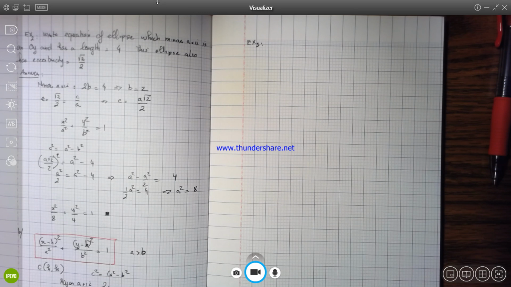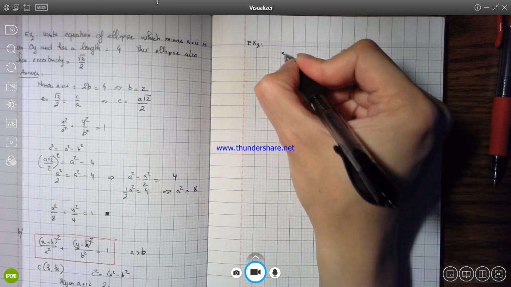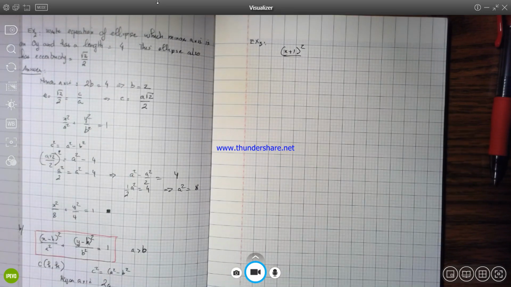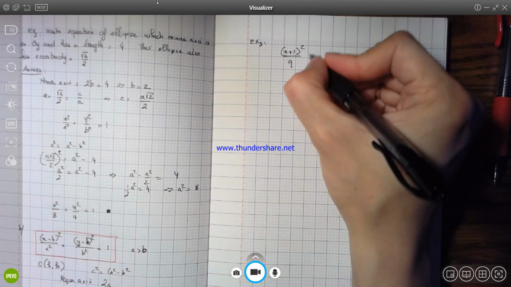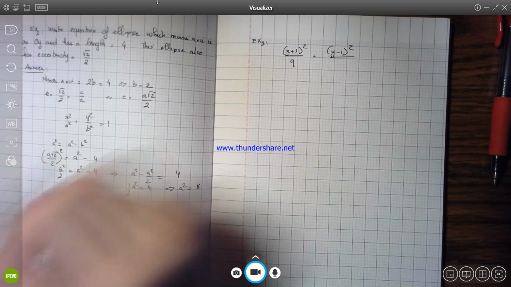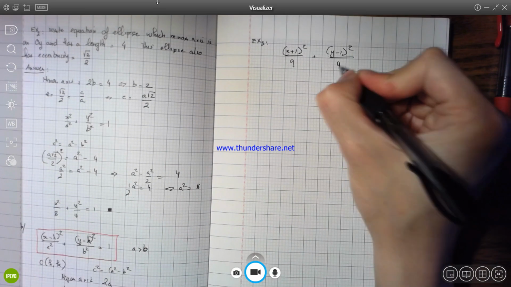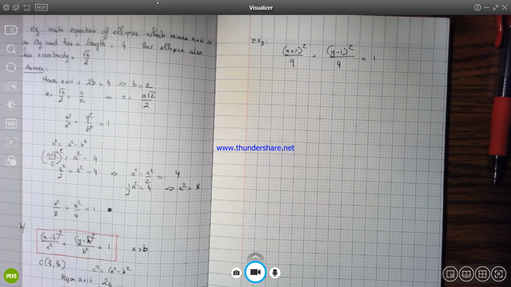Let's say (x plus 1) squared over 9, plus (y minus 1) squared over 4 equal 1.